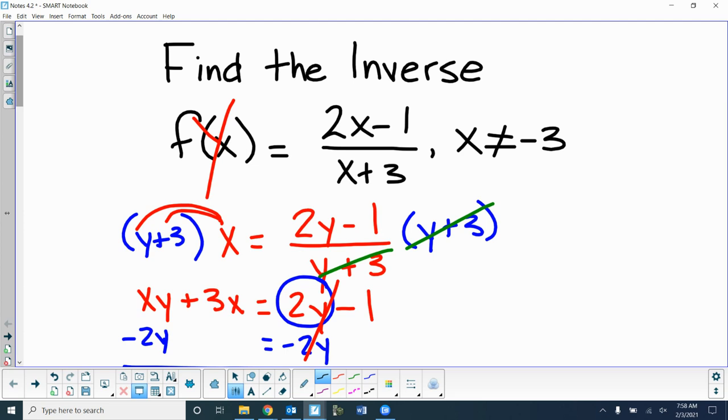So, answers to our homework. 31 was 1/2 x minus 2. Some of you might have had just x minus 2 over 2. That's okay. That's the same thing. 32 was 1/4 x plus 2.